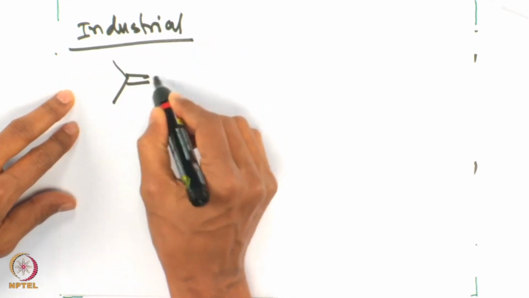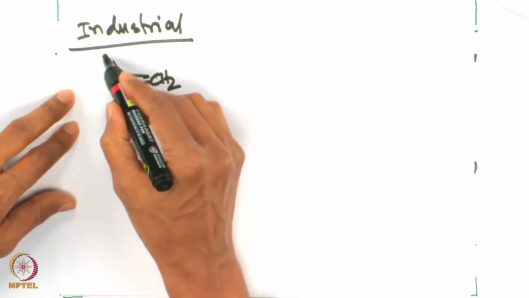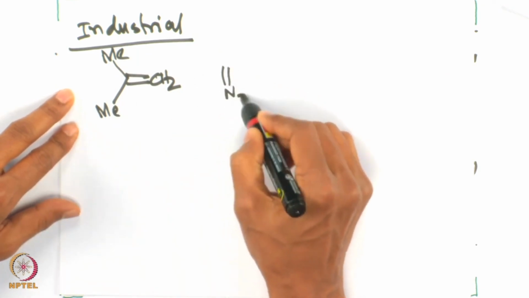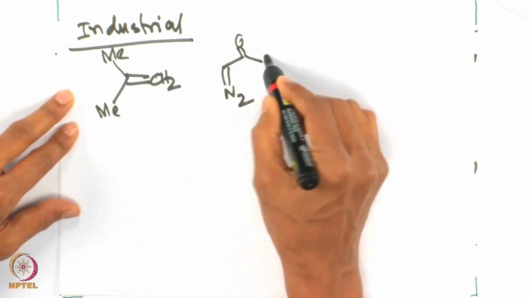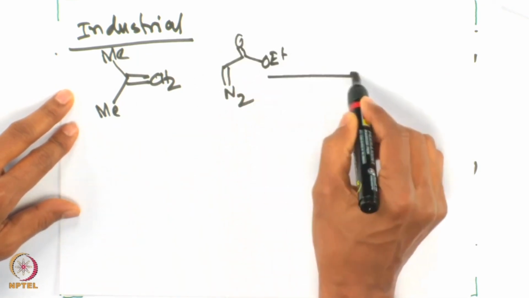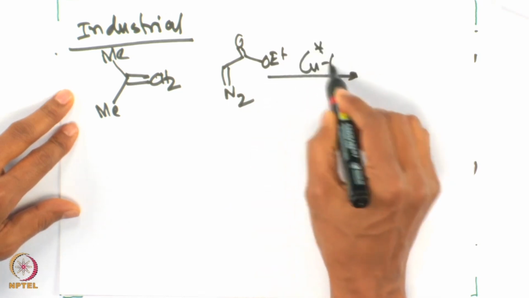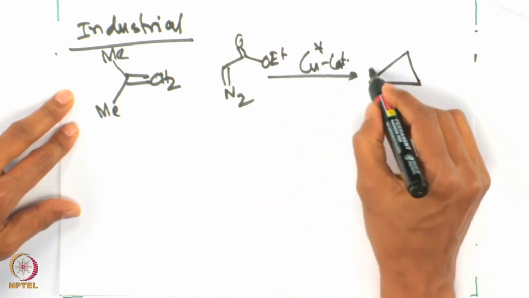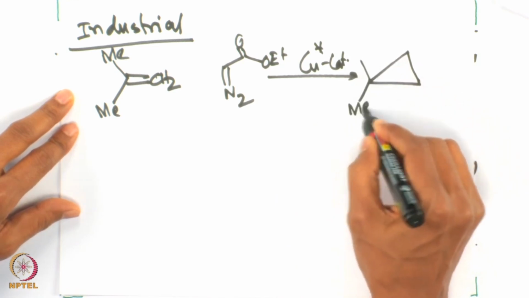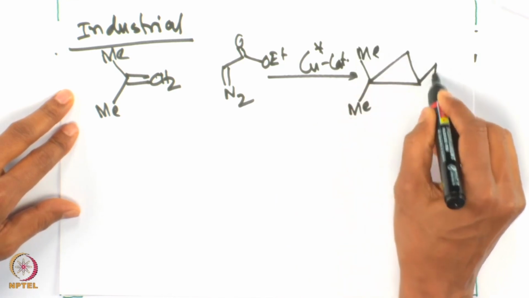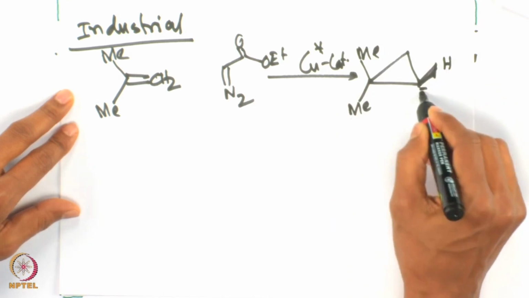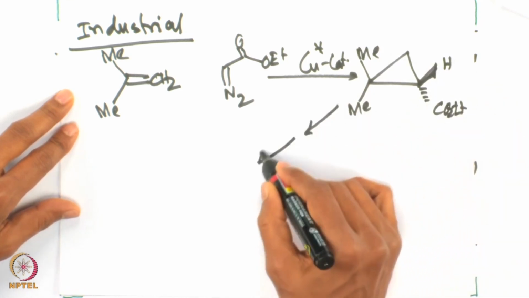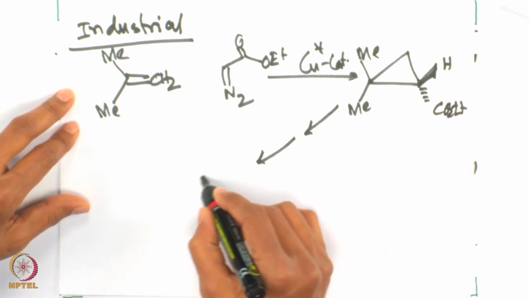In industry, this is a quite popular reaction, where a diazo ester is used in the presence of a copper chiral catalyst to get this intermediate, which is an advanced intermediate for the drug that all of us are familiar with, that is in the market, called cilastatin.